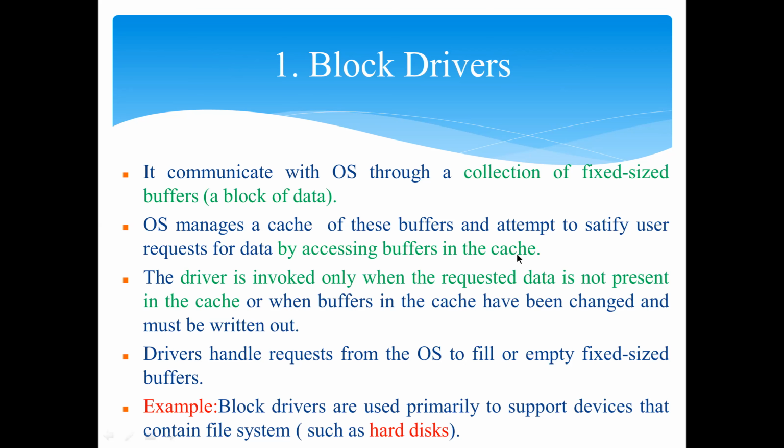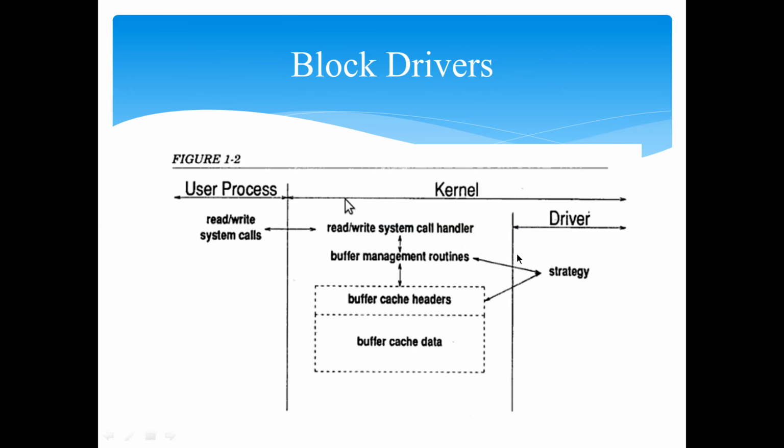So I'll show you the diagram first. Here you can see this is the user process part and this is the kernel part. The user process will issue a read or write system call to the kernel. Here you can see that the driver is separated from the initial part. The driver doesn't come into play in the initial part.